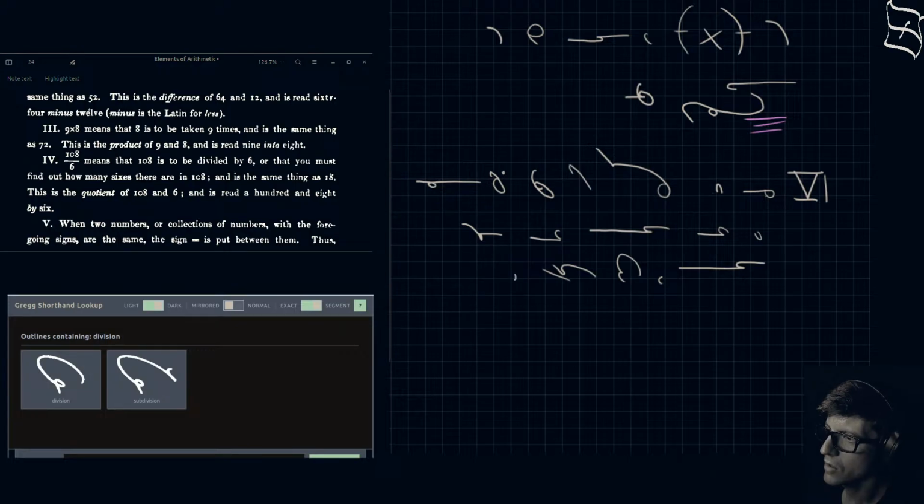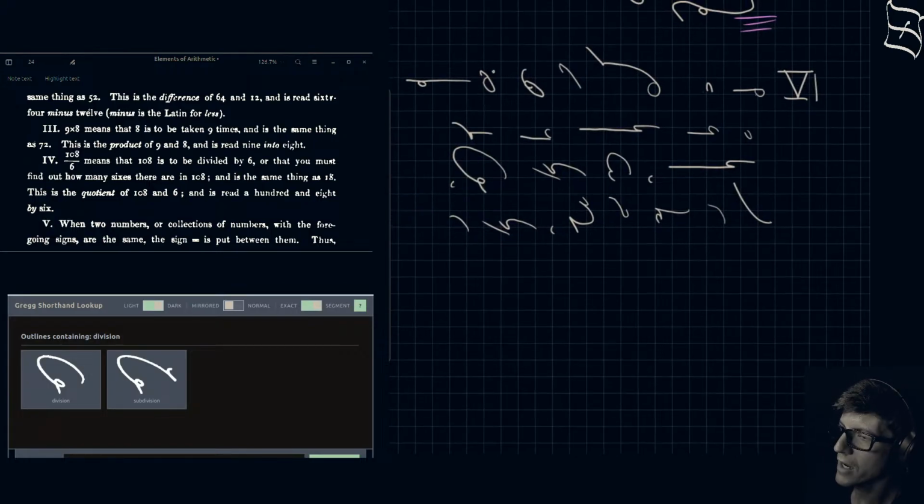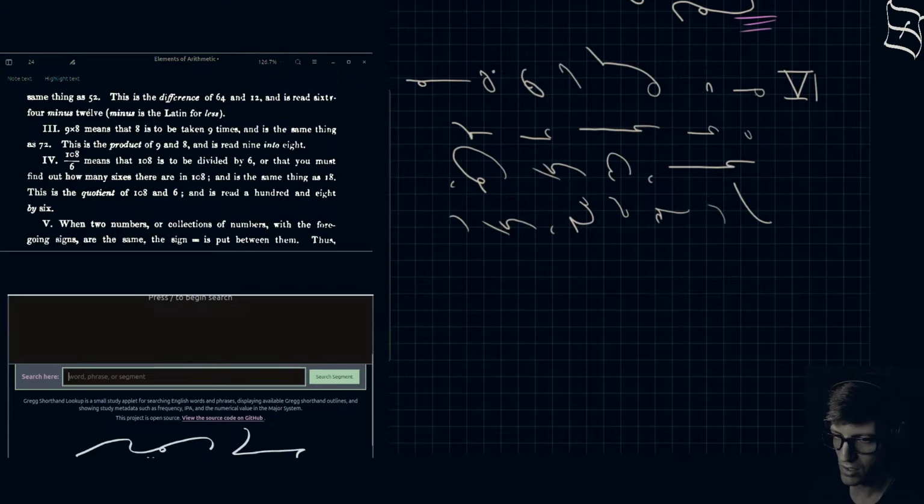This is called division, and the result of the operation is called the quotient. Quotient is a word I don't know what it looks like in Gregg, so we'll check it.